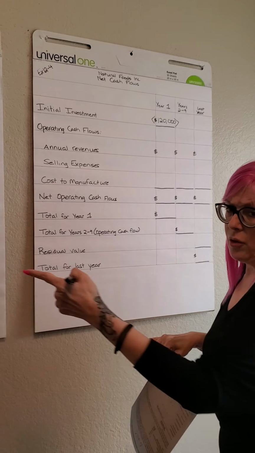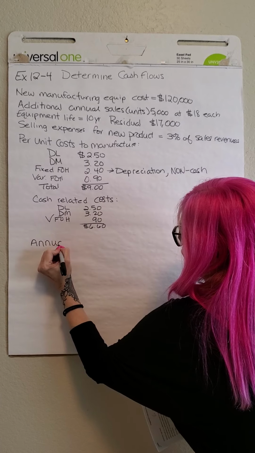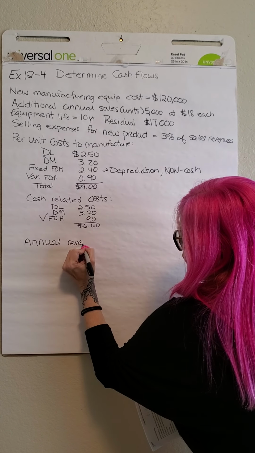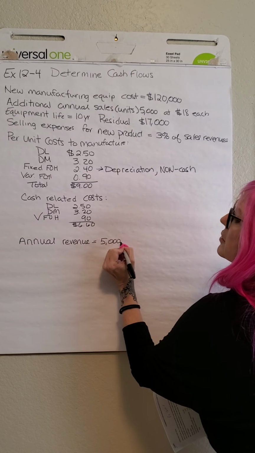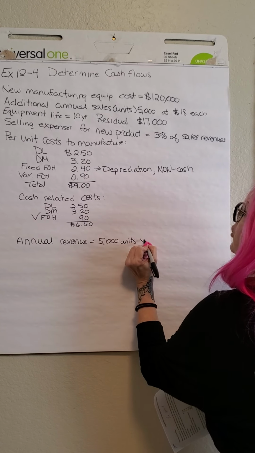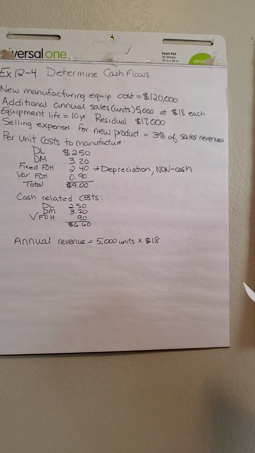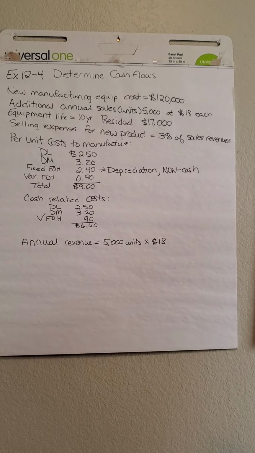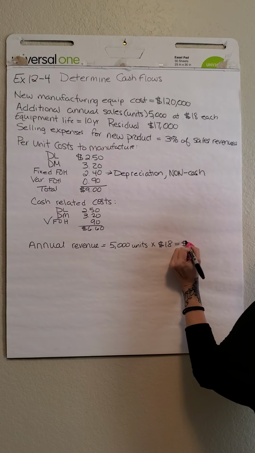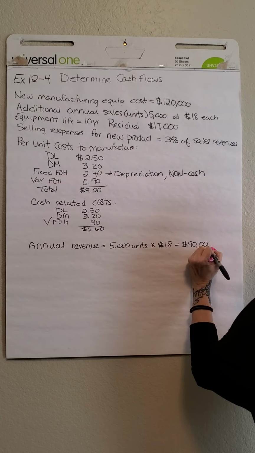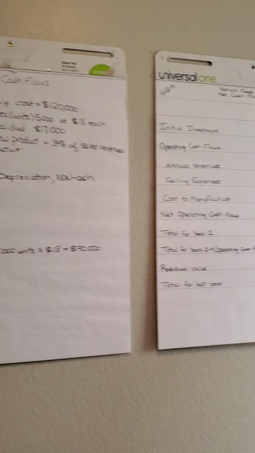Annual revenue is calculated by taking the 5,000 units and multiplying it by the $18 selling price, and that's going to give us an annual revenue of $90,000. So we can use that to fill in the annual revenues line on the table.